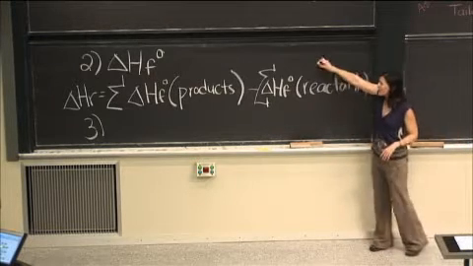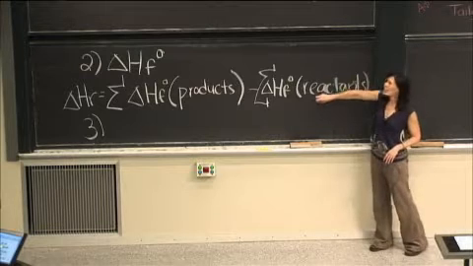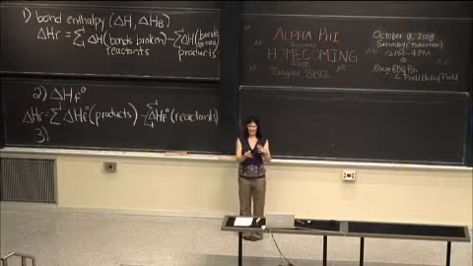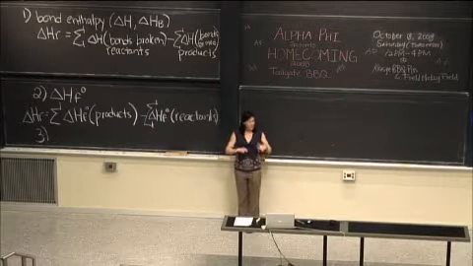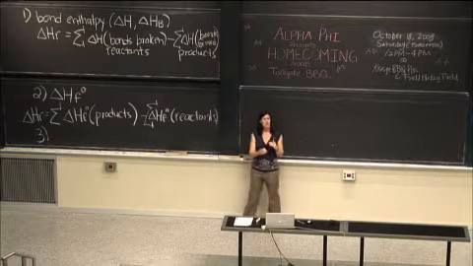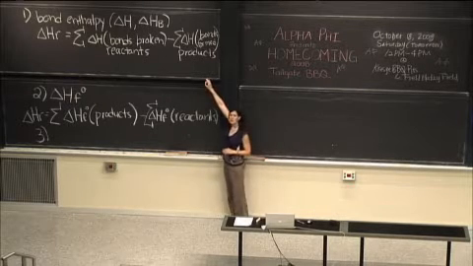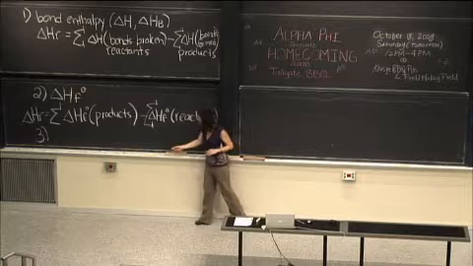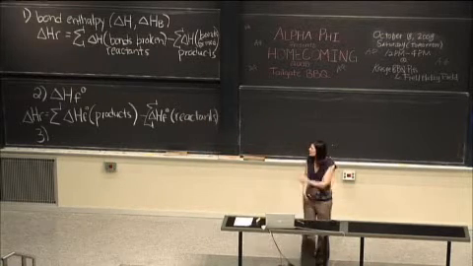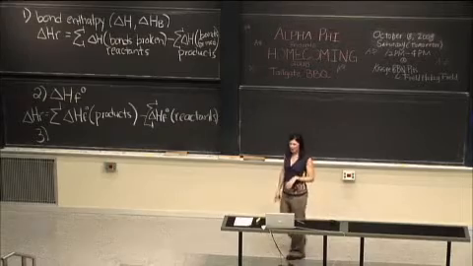Because you're talking about a term that's negative here where it would be positive in the first case, you end up flipping signs to have it work out. If this doesn't make sense as I'm saying it right now, just go back in your notes and look through and make sure that you aren't going to get mixed up when you're using bond enthalpies versus enthalpies of formation. All right, so that's pretty much all we're going to say on enthalpy.